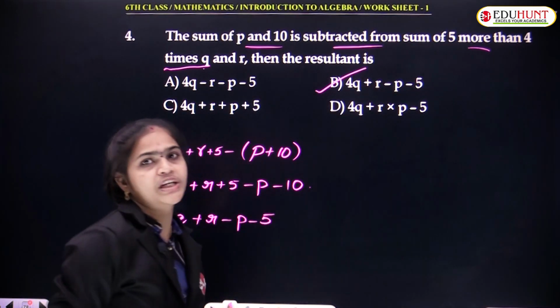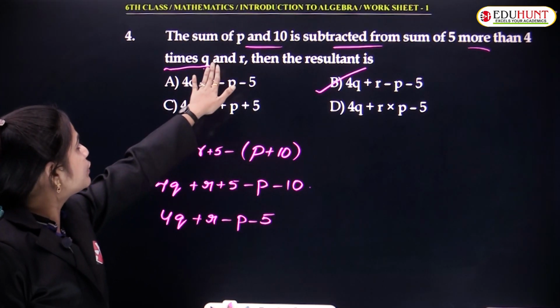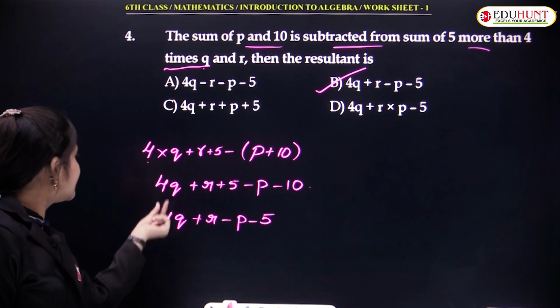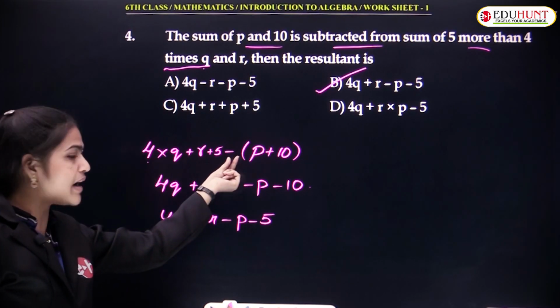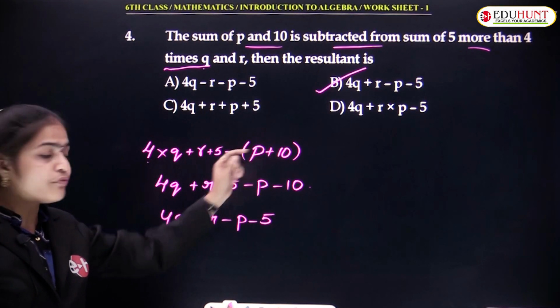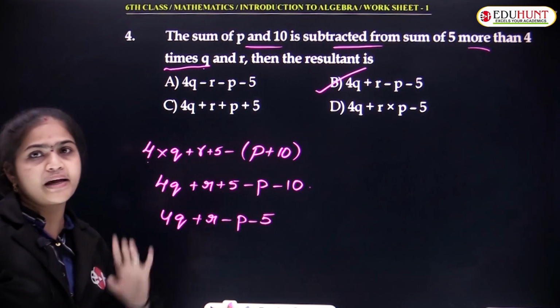Yes, option B is correct. Am I clear? Just take 4 into Q plus R plus 5. From this we need to subtract P plus 10. Finally, we get the answer as 4Q plus R minus P minus 5.